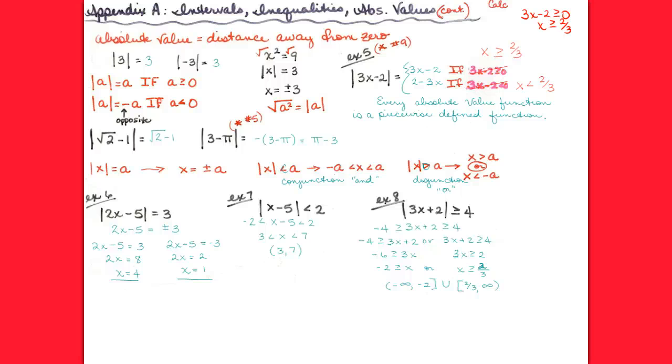All you have to do is when you write your solution in your interval notation, we're going to put the little union symbol in between our two answers. So basically we're saying the answer is negative infinity to negative 2 united with 2/3 to infinity. And you'll see them do that in our textbook, and they do it that way on the AP exam as well. So they use the little union symbol to join together the pieces of our solution.